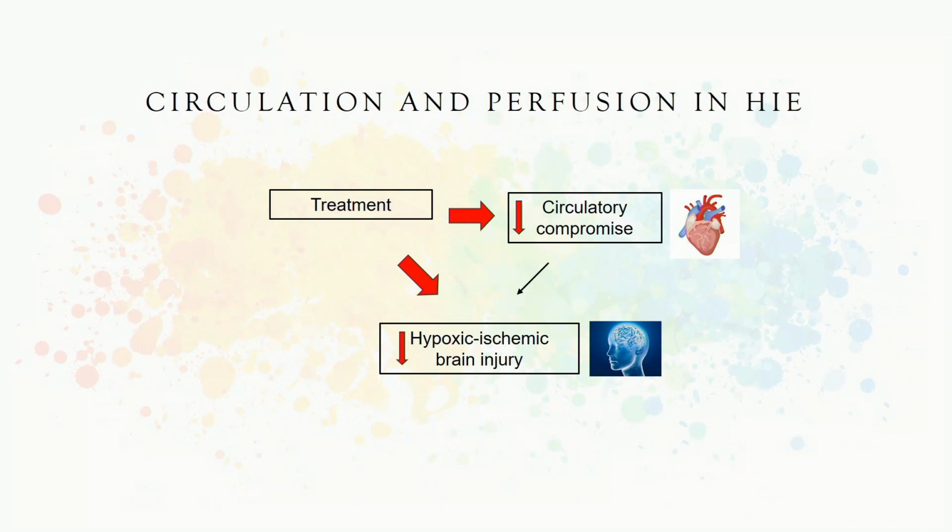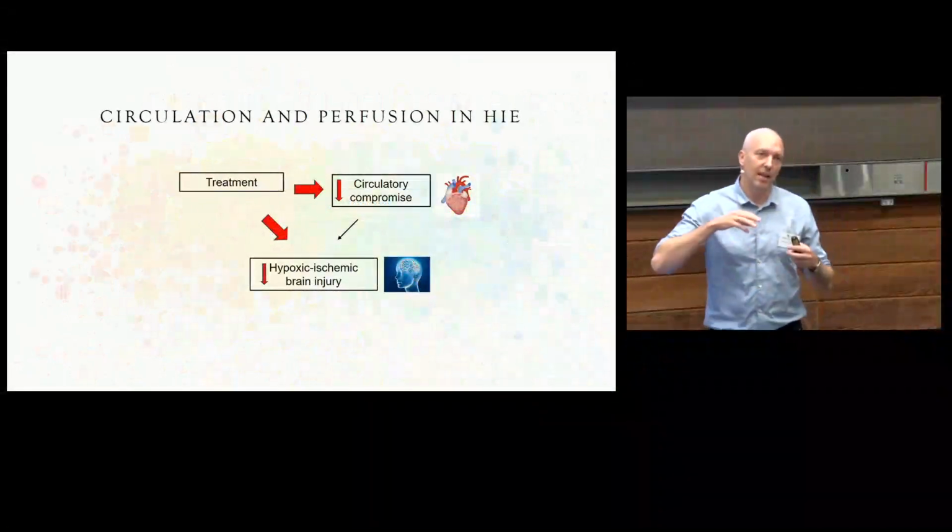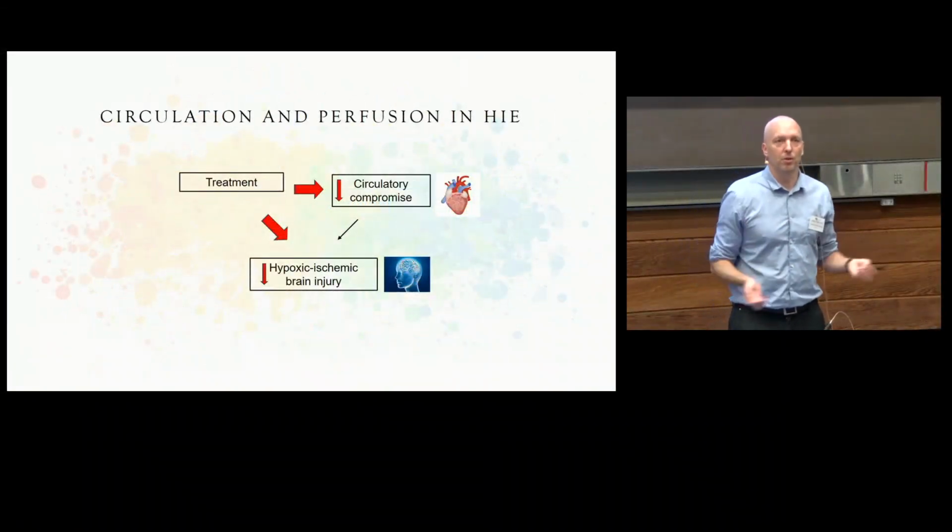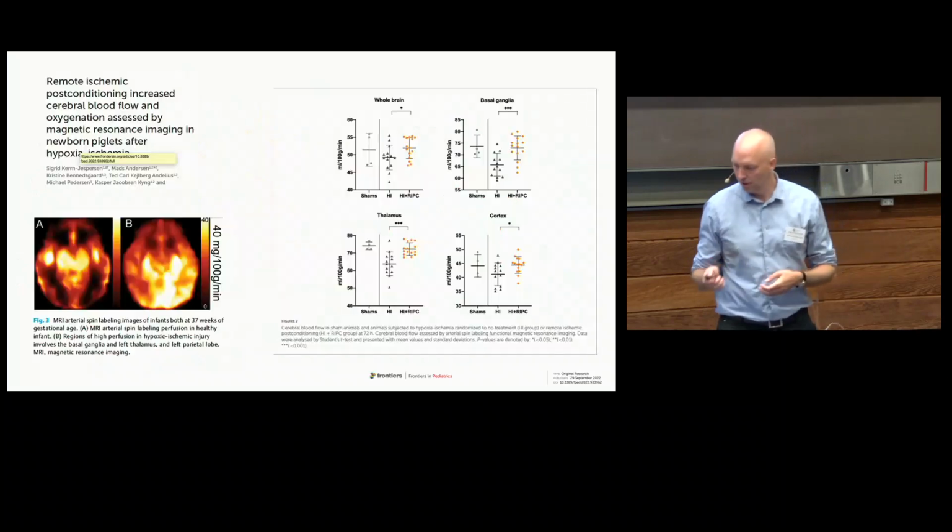So we're interested also in brain perfusion. That's the ischemia part of hypoxic ischemic brain injury, and some of these neuroprotective interventions we think might act in part also via preserving the circulation.